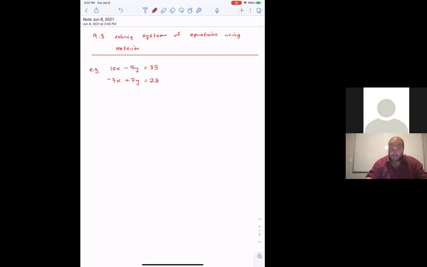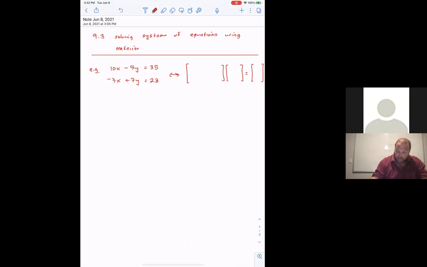And again, as mentioned, substitution, elimination, graphing, we have techniques for doing so. But we want to learn a new technique, and that technique is using matrices. And the first thing we have to realize is that this pair of equations is equivalent mathematically to the following matrix equation.